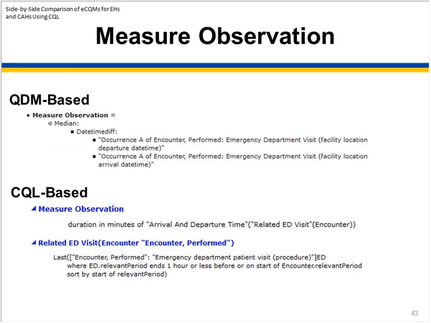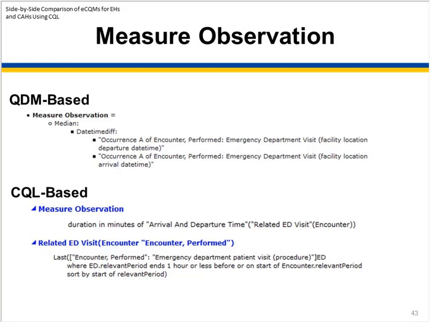For the measure observation, within QDM based, there was this date-time diff, and then you would say what attributes that was performed on. In CQL based, we actually have a duration in minutes, so we use duration in minutes of arrival and departure time of the related ED visit for the encounter.